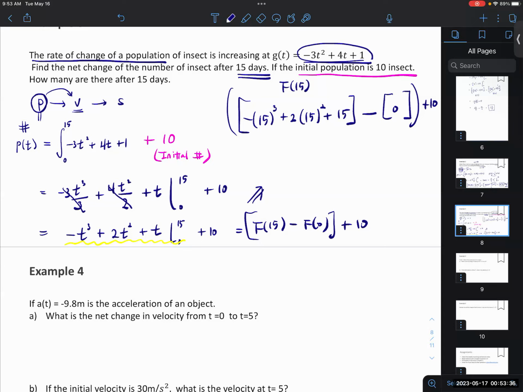So let me calculate it. Actually, I haven't calculated that number. So you could go to decimal, or if you have a calculator. So take a look at minus 15 to the third plus 2 times 15 to the second plus 15, right? And then you should get some number, negative 2019, plus 10.